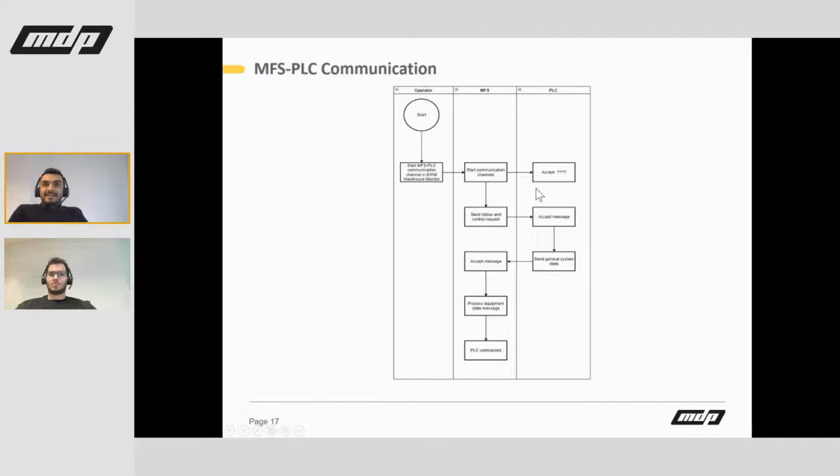If that gets accepted, then you can see the status and you can control the requests that you send, and MFS and PLC keep communicating to each other. Then the PLC can send you the general system state, and if it is accepted, you can process equipment states, and the PLC is finally getting connected.